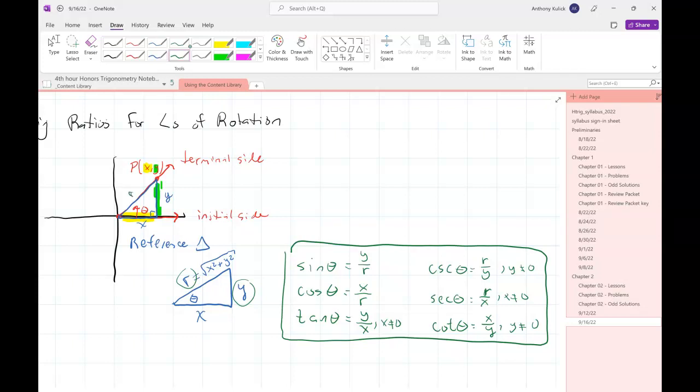This is r. R is not a coordinate. It's a distance from the point to the origin. That distance is never going to be 0. You're not going to pick the origin as your point on the terminal side. That's not allowed. But any other point on the terminal side is. And certainly the terminal side could lie on the x or y axis, so x or y could be 0.